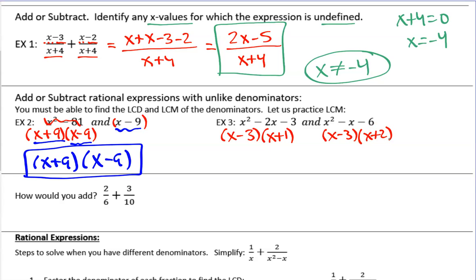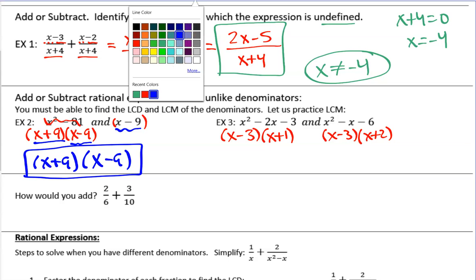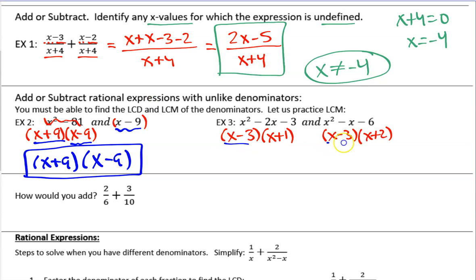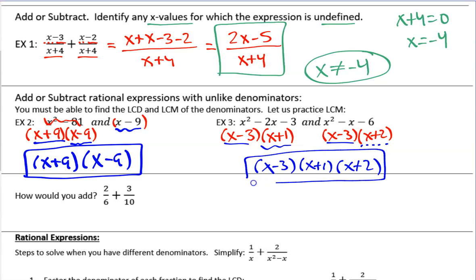So we're looking for all the different factors to put together. I see they both share x minus 3, so that's one of them. This piece has the x plus 1. That needs to be included. This piece has an x plus 2. That needs to be included. So all the different factor pieces get brought together to be your common denominator, or your least common multiple of your denominators, when we're adding and subtracting.